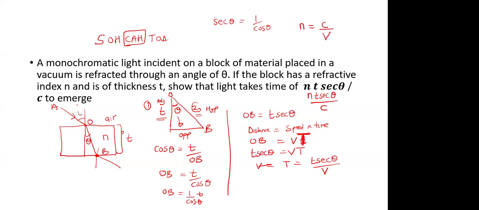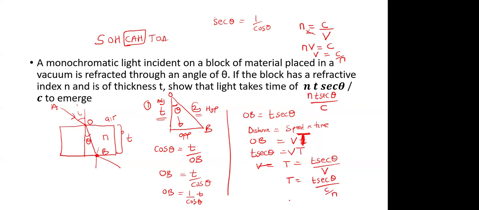So for this case, it is the speed of light in air to the speed of light in glass. When you do your cross multiplication, I have N V is equal to C. So my V is the same as C out of N. Where there is V, I'll put C out of N. So my time is going to be T sec theta out of C out of N.